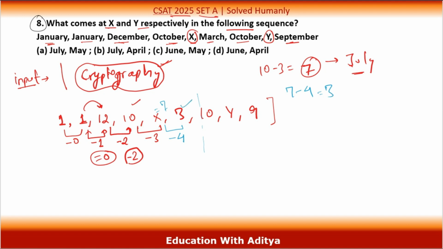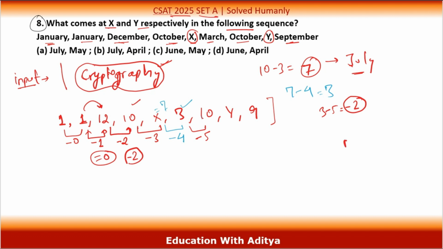Now we have this data also, so I can extend my observation and see if it holds or not. So then I should do 3 minus 5. Again, 3 minus 5 would be minus 2. But again, we are dealing with the months in a calendar year, so we have to go back.